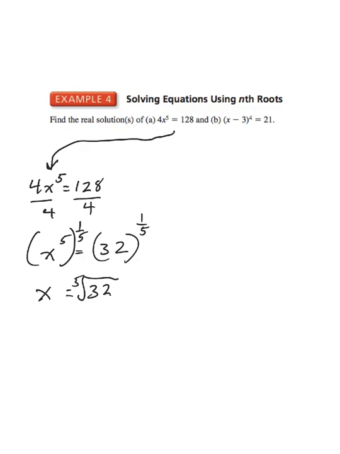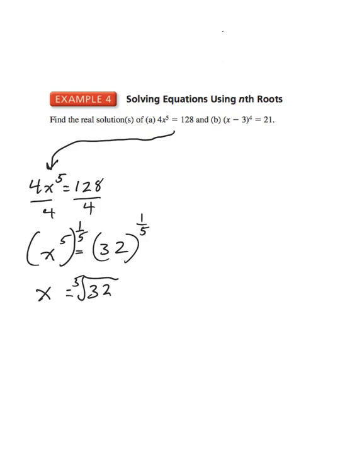I do want you to get an idea of the following: if I have something like x plus 3 to the 1/4 power, what power can I take that to in order to get rid of the 1/4? 4, right?